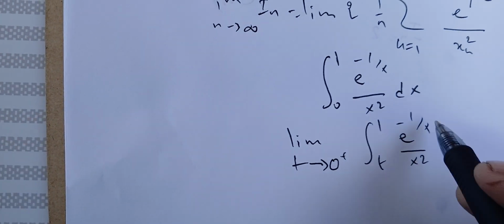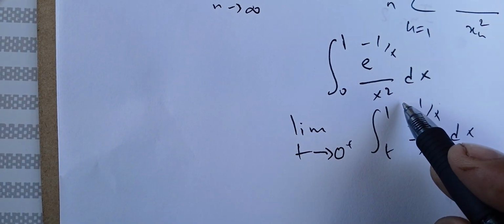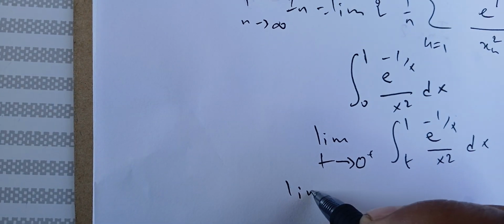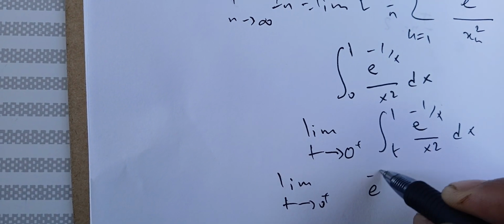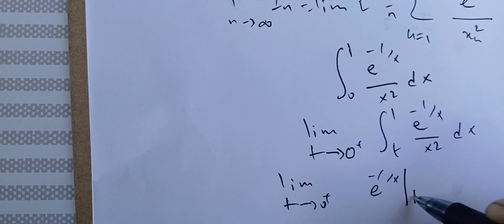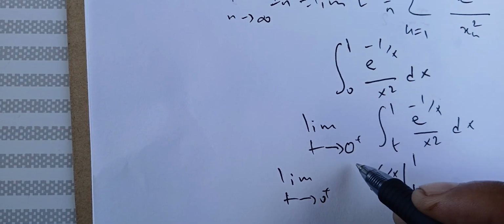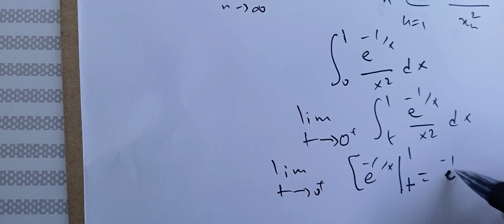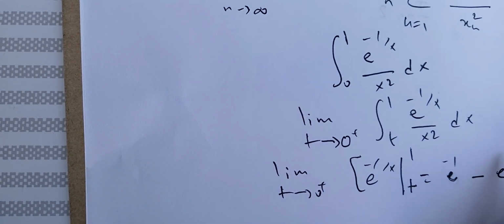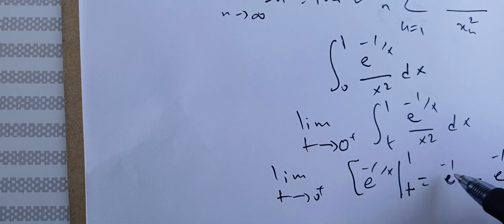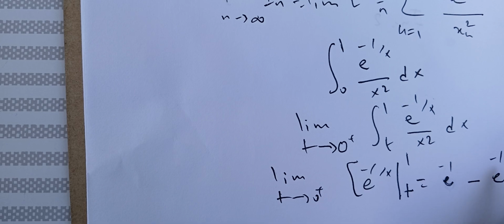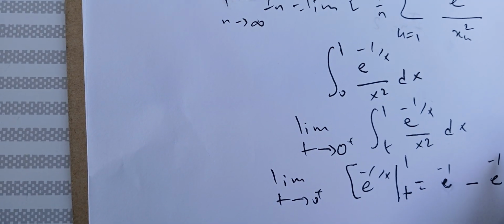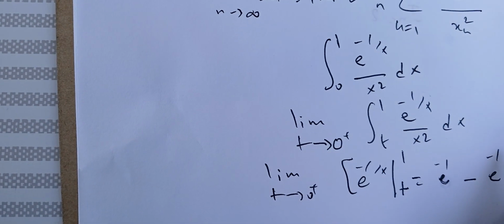The good news is I know a primitive of this one. So this gives me the limit as t goes to 0 plus of e^(-1/x) between t and 1. I need to compute first: I'm going to have e^(-1) minus e^(-1/t), but with the limit as t goes to 0 plus, 1 over t goes to infinity, so e^(-1/t) is 0.